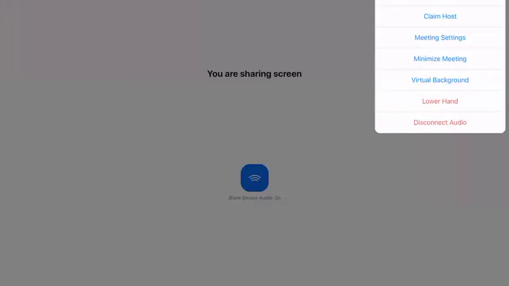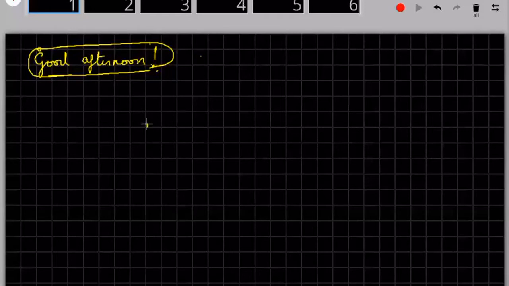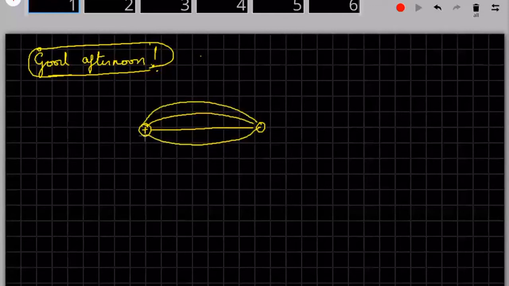One question is this: suppose you have a positive charge here and a negative charge here. How do the field lines look? They look like this: they go like this, and like this.